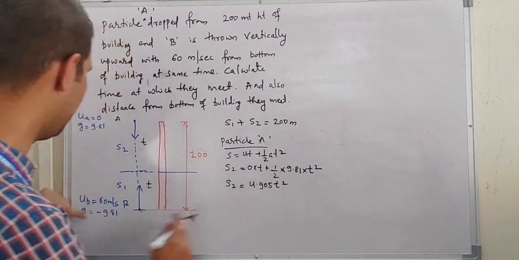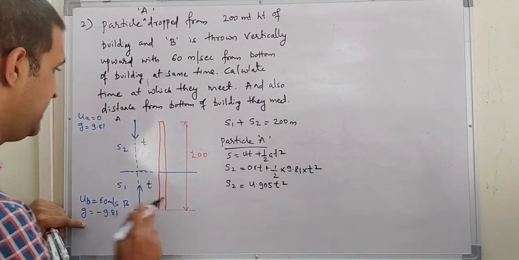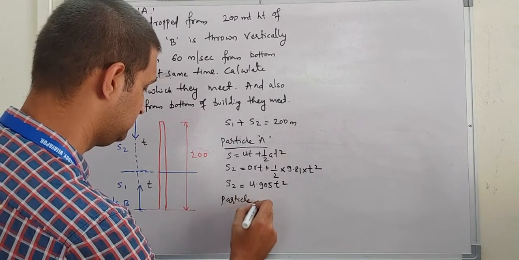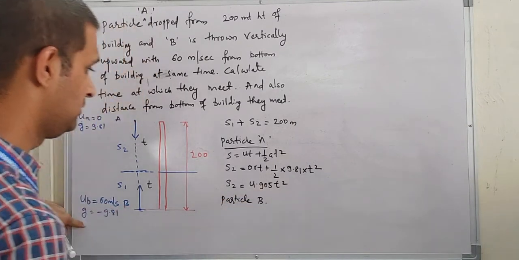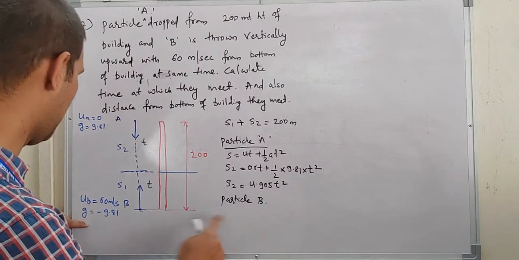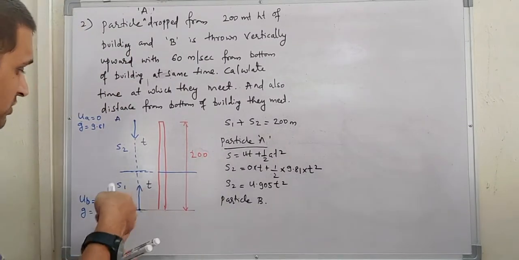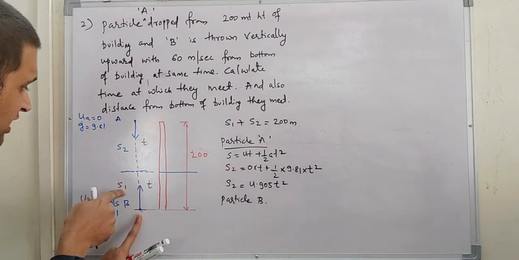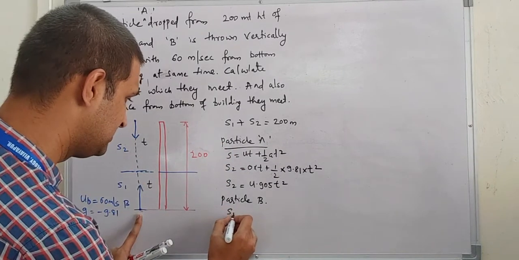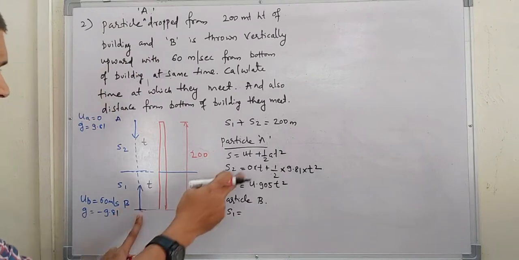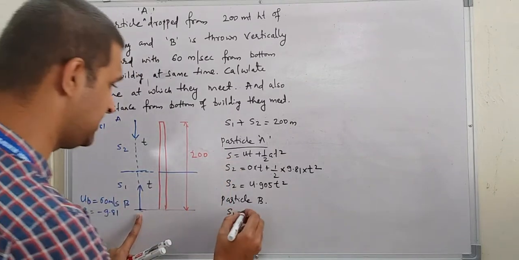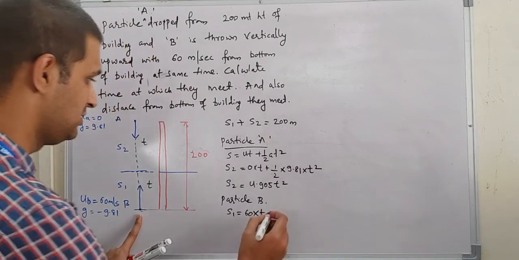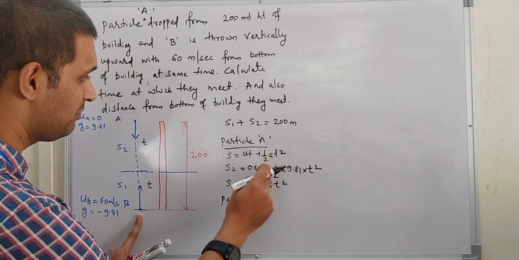Now taking particle B, it is thrown with some initial velocity. Taking the same expression, the distance particle B will travel is S1 equal to initial velocity of particle B, which is 60, into t, then 1 by 2 at square.